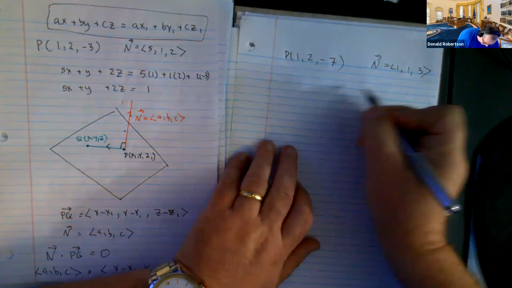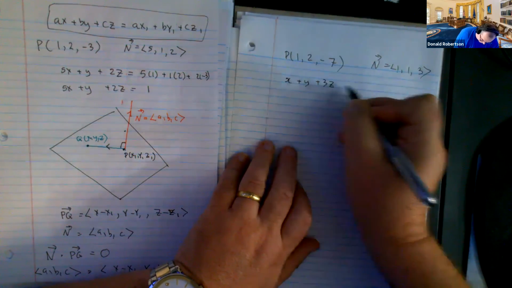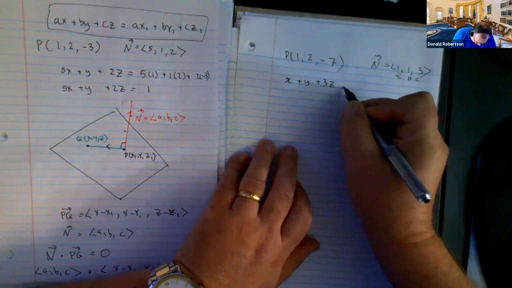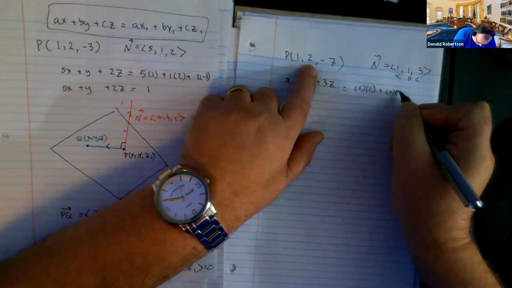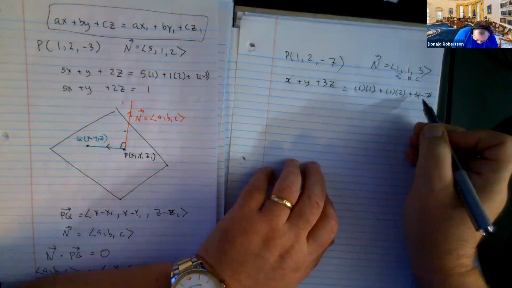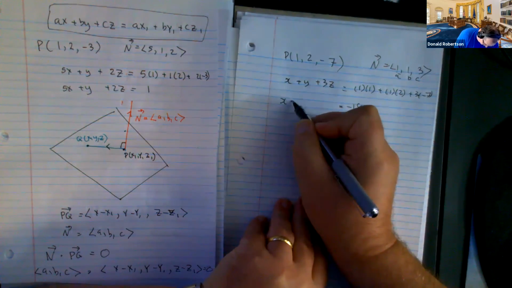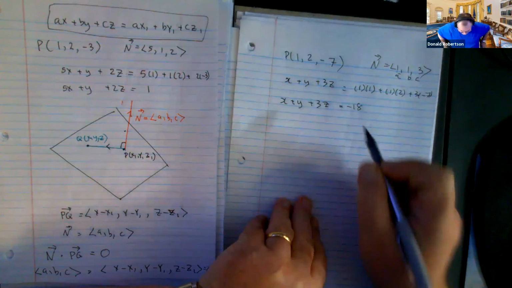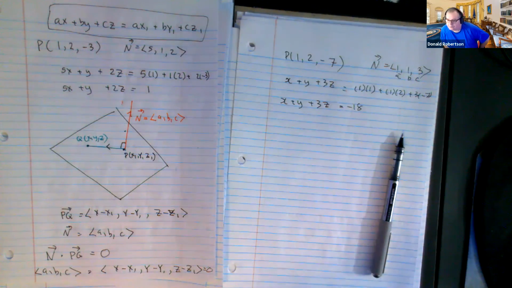The answer will be 1x + 1y + 3z equals 1 times 1 plus 1 times 2 plus 3 times -7. And that's 3 and -21, so that's -18. That's how easy it is to find the equation of a plane if you tell me the point and the normal. You agree that's pretty straightforward now that you've got it.